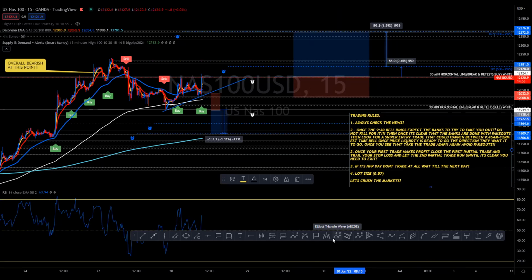There it is. Looks like it's pushing down. So I'm wondering if this is a banker's candle. It was definitely a fake out.